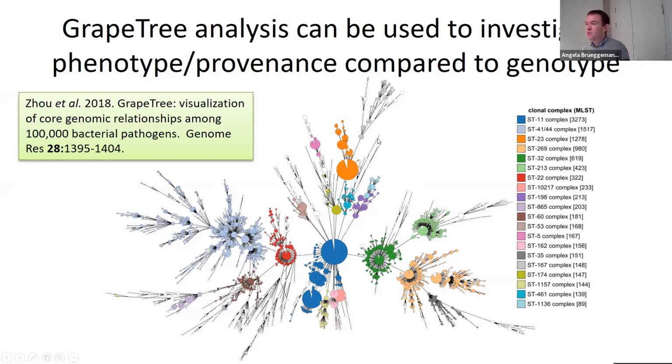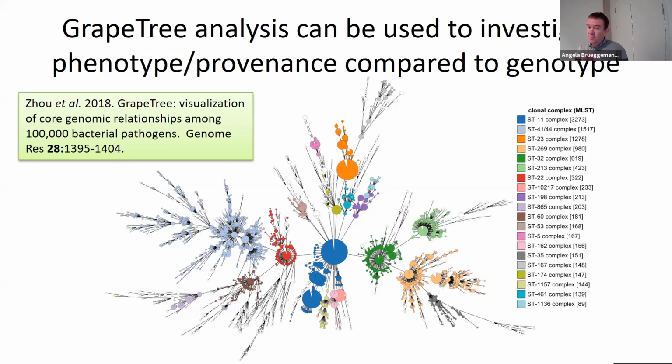You can see within the tree which clonal complexes are seen most frequently at different times. So there are all sorts of different ways that you can play around with that data using GrapeTree to explore trends. You may not have a preconceived idea of what you're looking for, but you can export all your metadata and then play around and see what falls out of it.